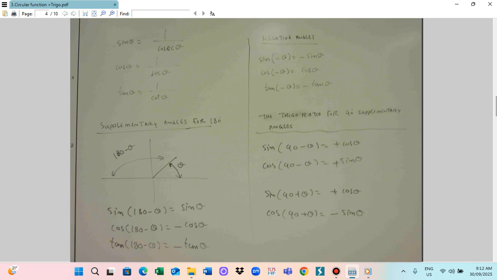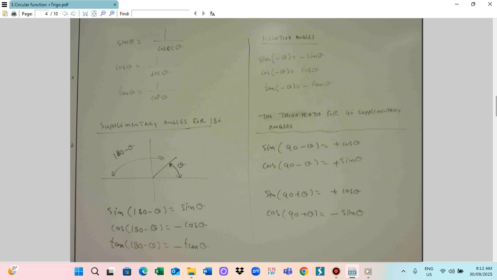We also have the rule, the formula: sine 180 minus theta is equal to sine theta. Similarly, cos 180 minus theta is equal to minus cos theta.